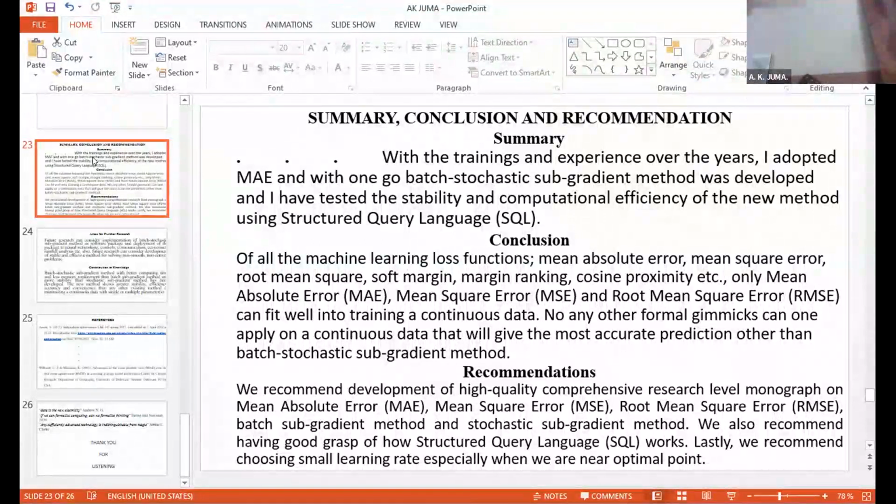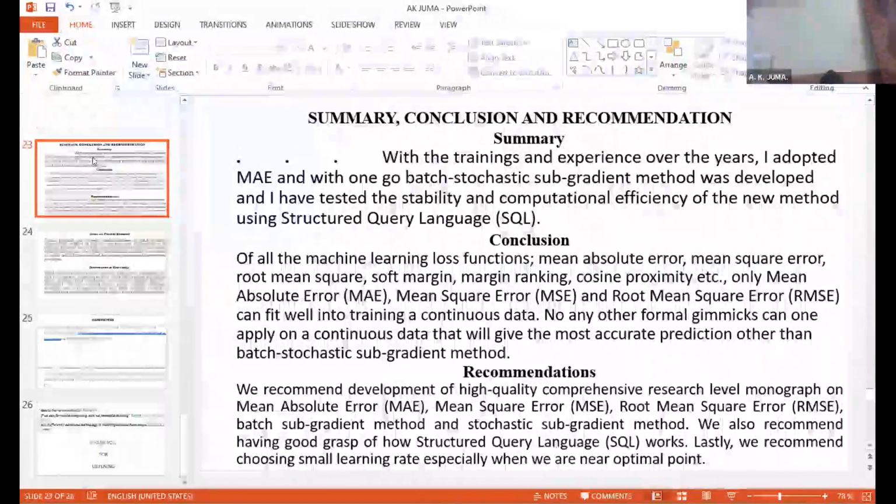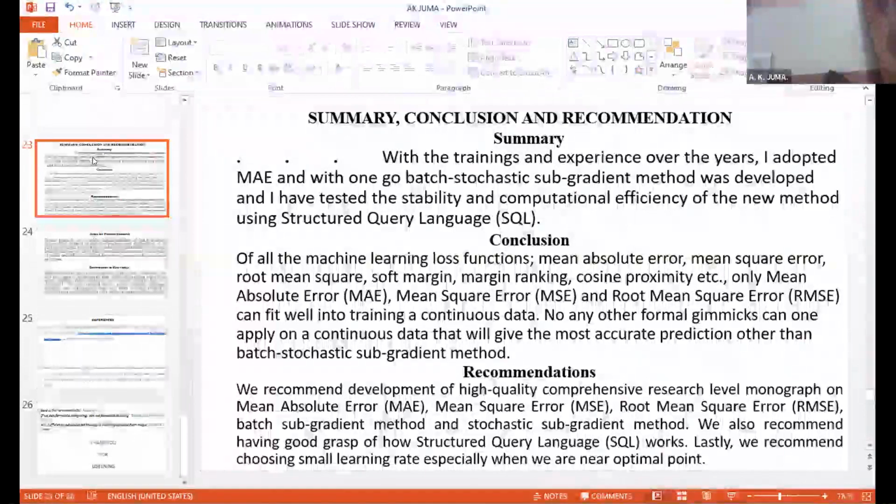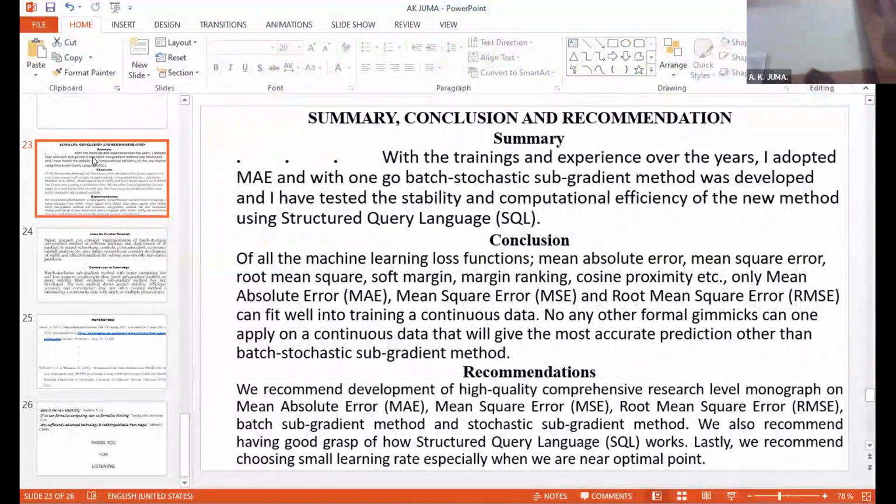Then, during our research, we discovered that the first loss function, MAE, still has more computational efficiency than MSE or RMSE. So we adopted it, and in one go, we created the batch-stochastic sub-gradient method. And we were able to test the stability and computational efficiency of our method using SQL.